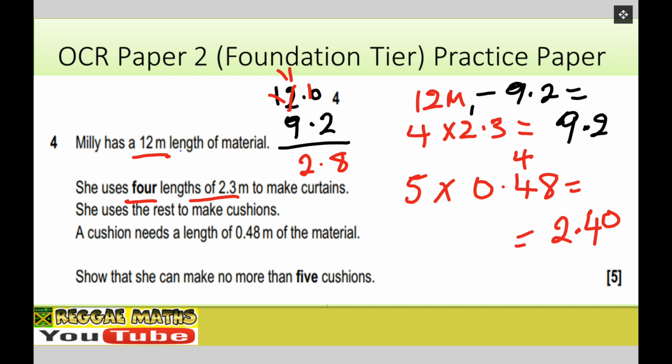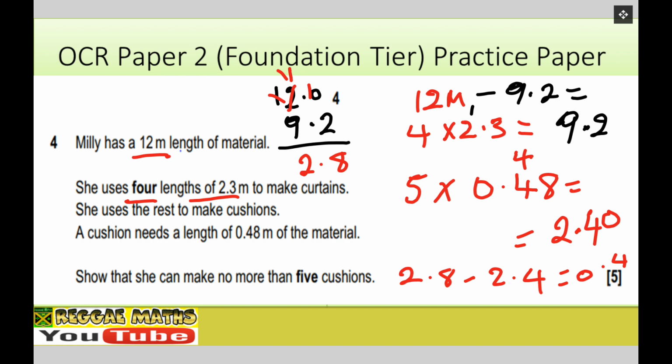So basically 2.4, and if I take away 2.8 minus 2.4, I'm left with 0.4. So 0.4, and they said that is to show.